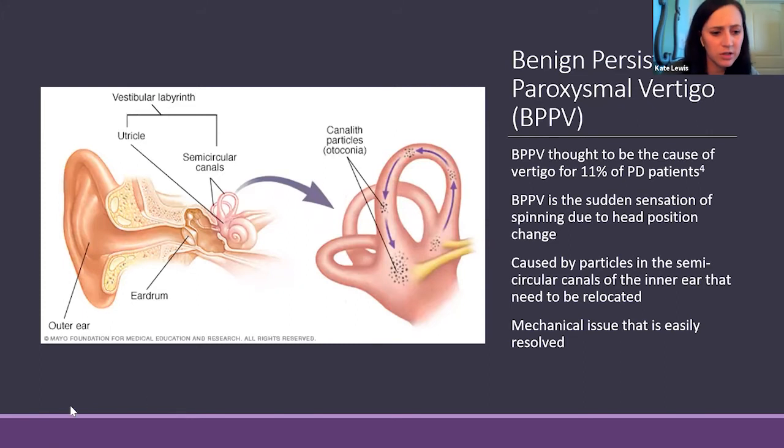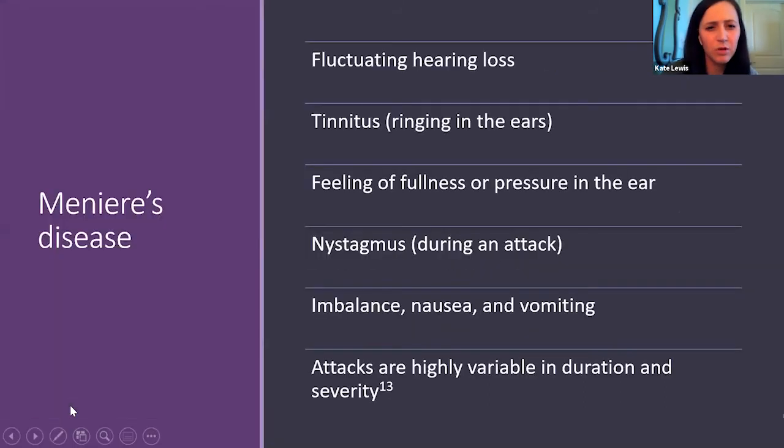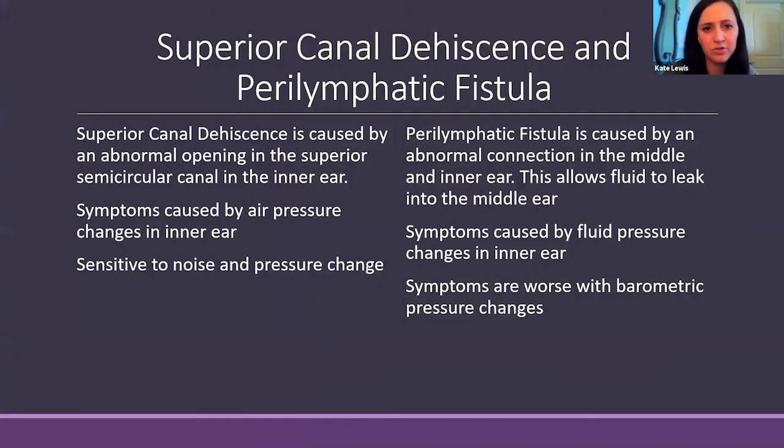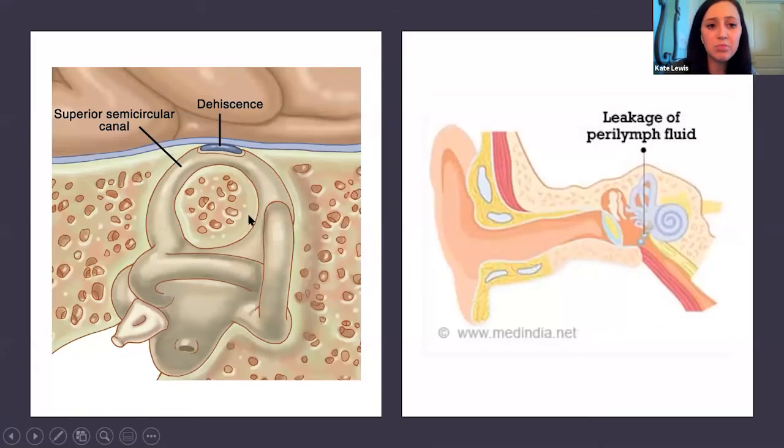All right, so let's see. For Meniere's, I didn't have any pictures, but I think it's important to see the pictures for the superior canal dehiscence and the perilymphatic fistula. On the left of your screen is a superior canal dehiscence, which is basically a hole in the superior canal that causes pressure changes and makes you feel very dizzy.